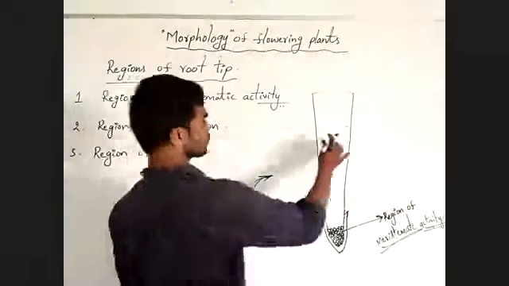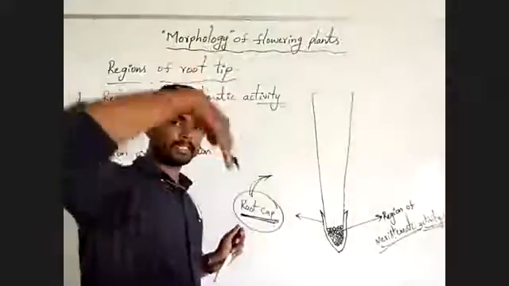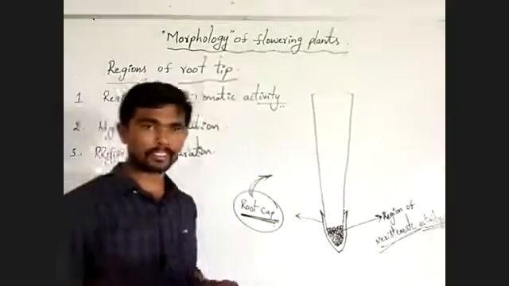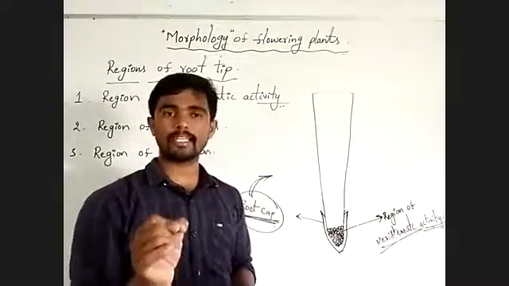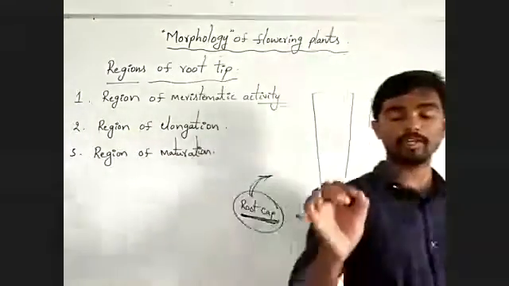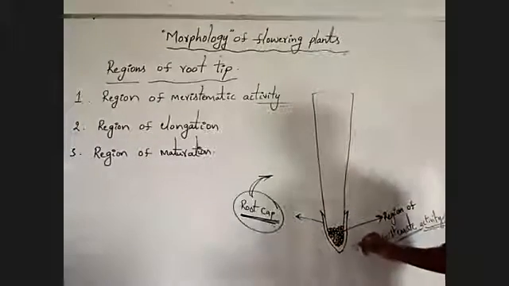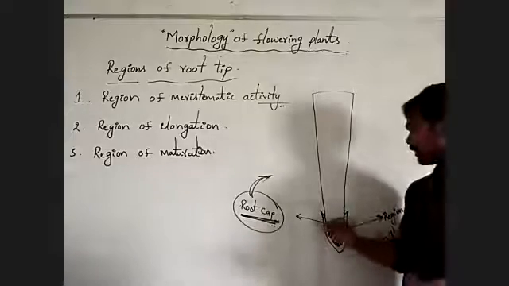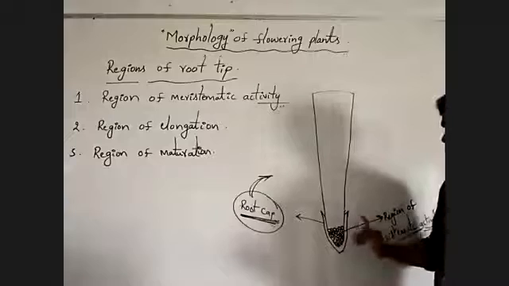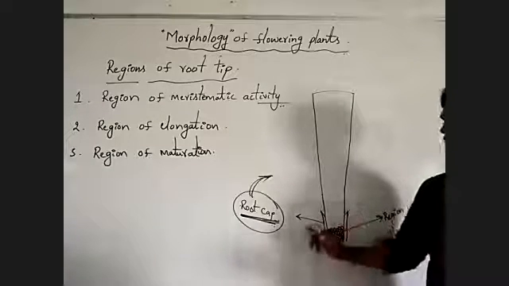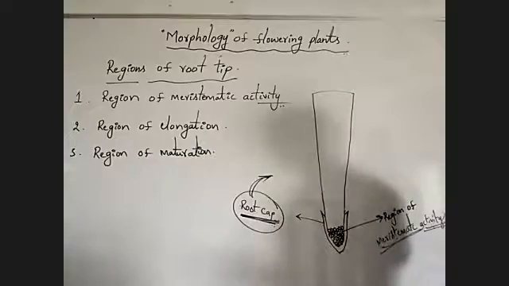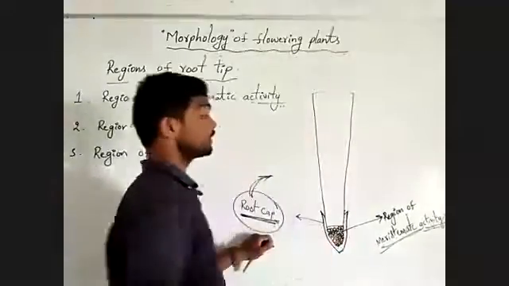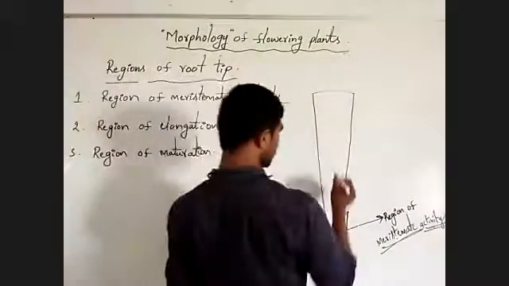This is the main function. Actually, the root penetrates long distances. To penetrate, the slender, weak tip is protected by the root cap. Means this is a meristematic region.